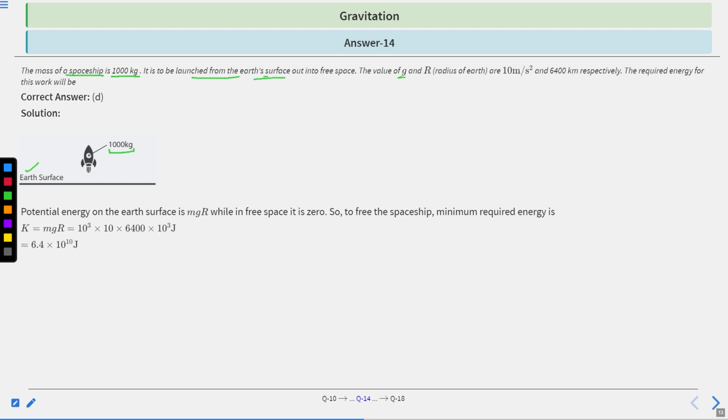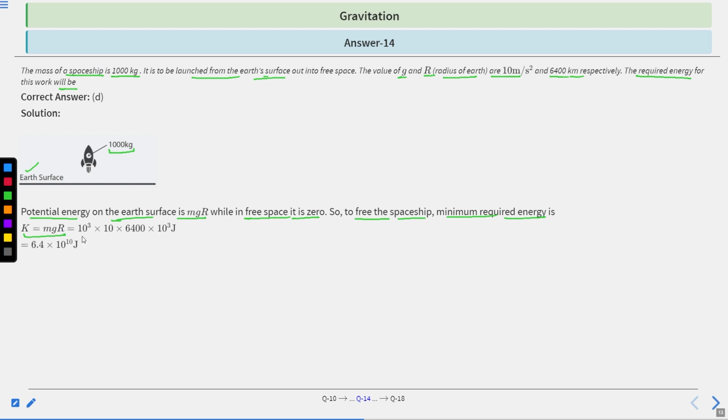The value of g and R, which is the radius of Earth, are 10 meter per second square and 6400 kilometer respectively. The question asks what the required energy for this work will be. Clear? So potential energy on the Earth's surface is minus mgR, while in free space it is 0. So for the spaceship to reach free space, the minimum required energy is K equal to mgR.